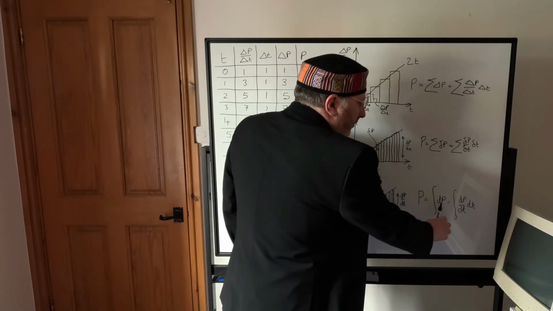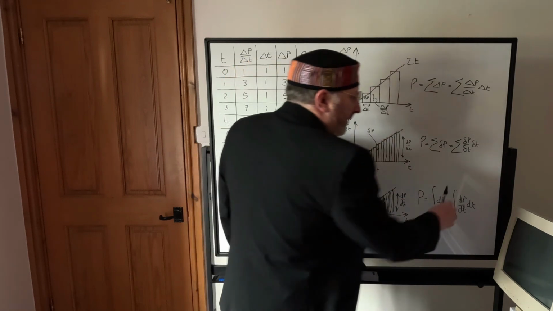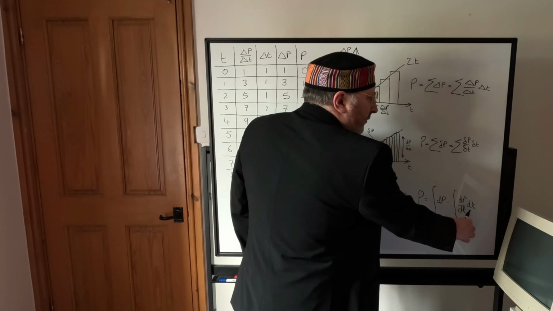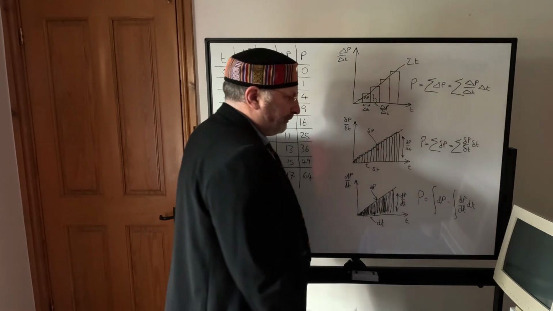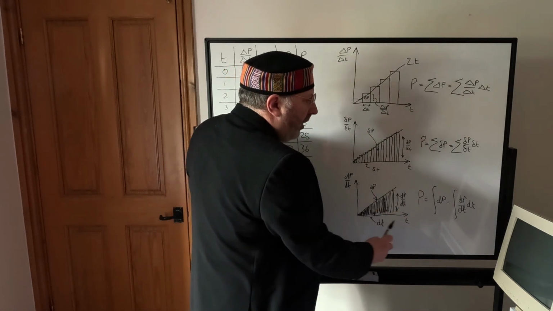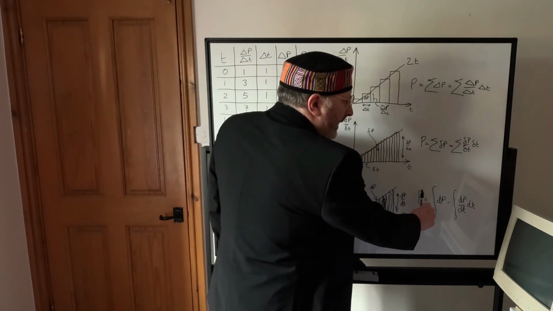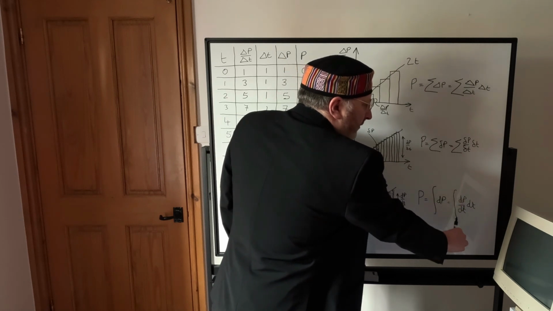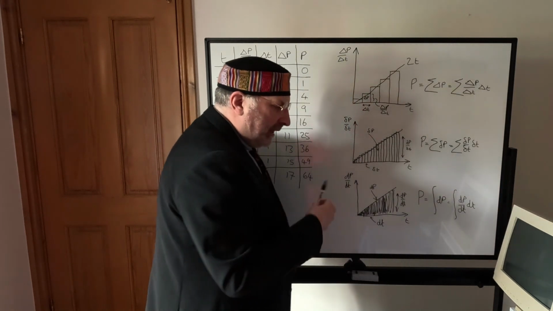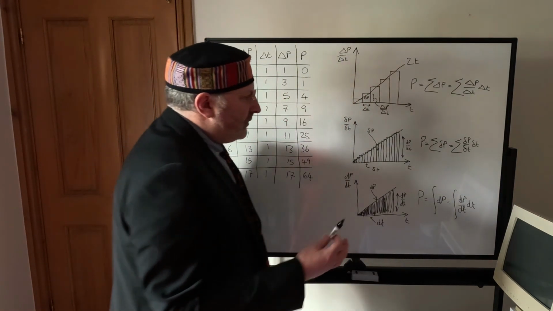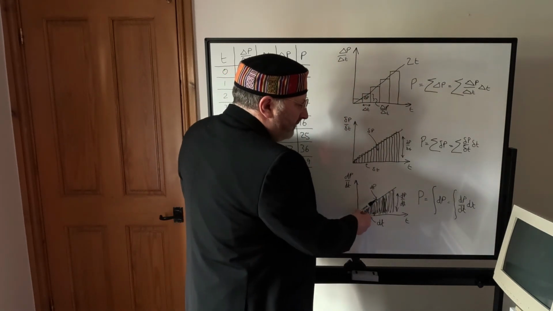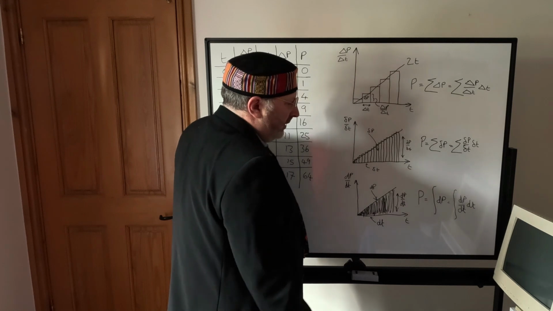But what we call this is the integral. So this is the integral of dp, the sum of dp, and this is the integral of dp by dt with respect to time t. And this process of finding the population by doing this infinite sum of dp by dt is known as integration. And we've also seen that the process of integration is equivalent to finding the area under the line here.